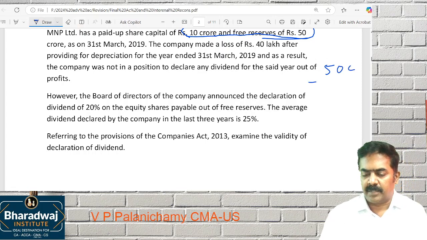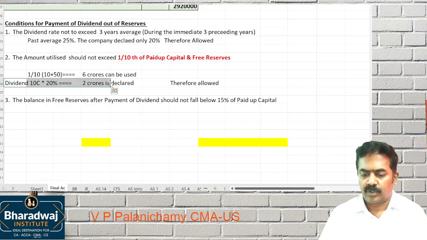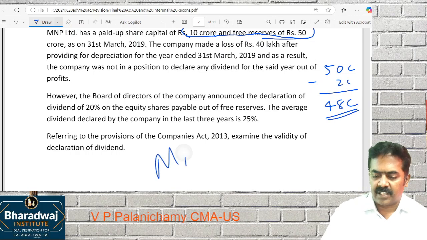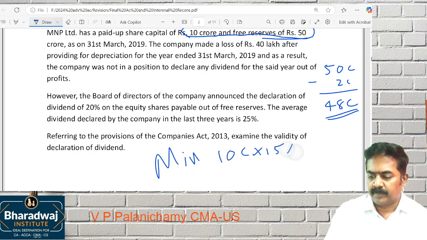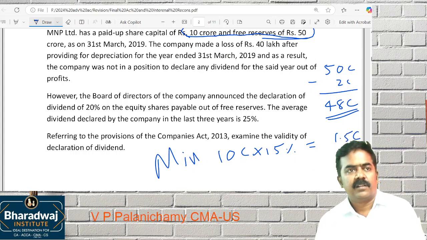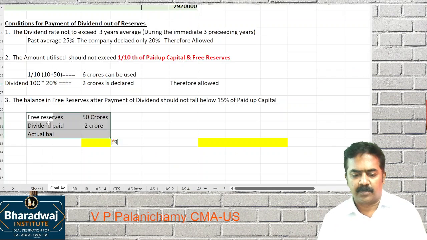Minus the dividend we are going to pay, 2 crore. So what will be the balance? 48 crores. The minimum balance required is 10 crore into 15% only, 1.5 crore. But what is the actual balance? 48 crores. So that is also not a problem.